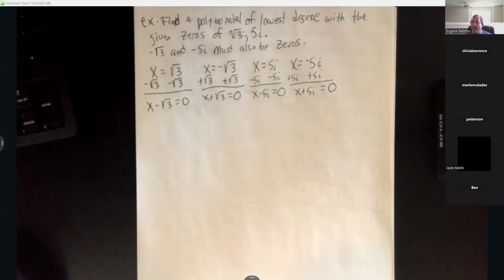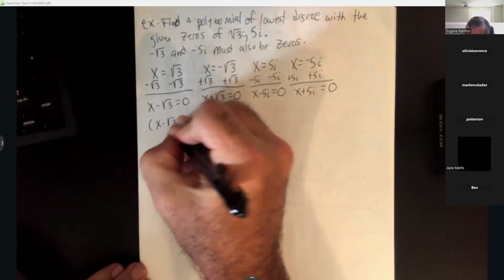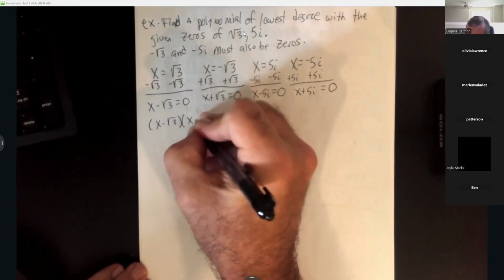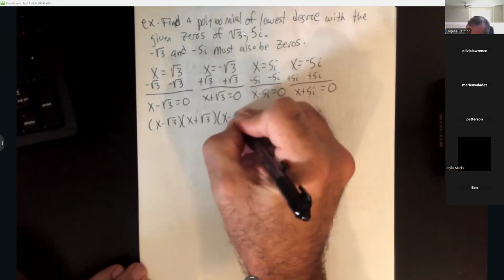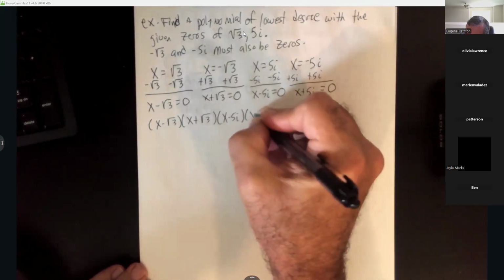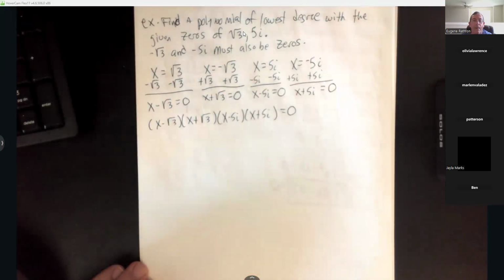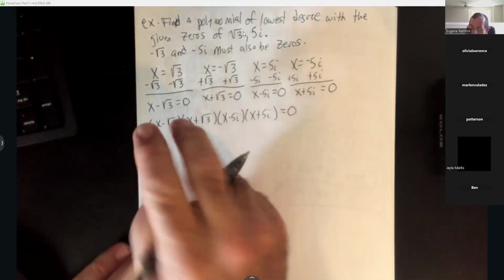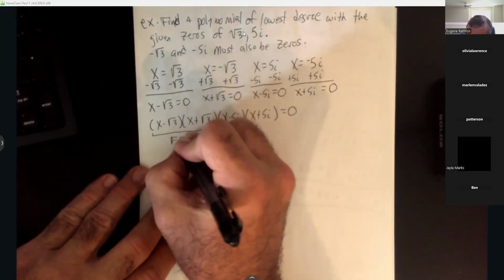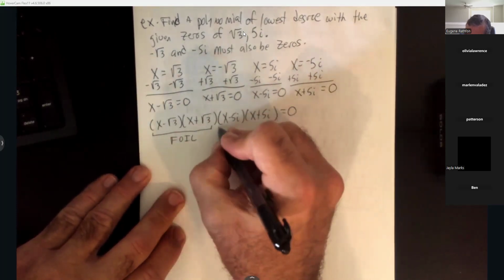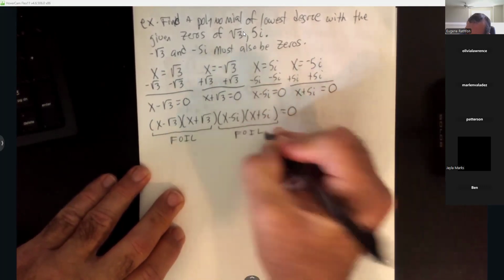All right, put everything in parentheses and set that whole thing equal to 0. So what I'll do, I'll FOIL the first two together and I'll FOIL the last two together.